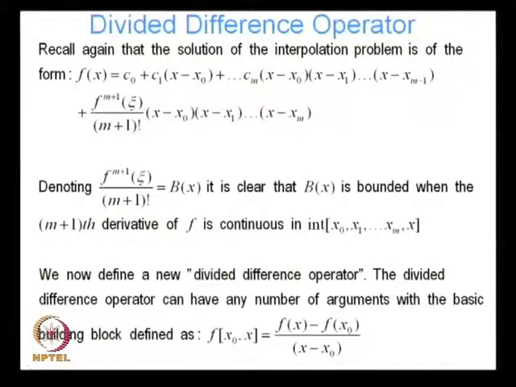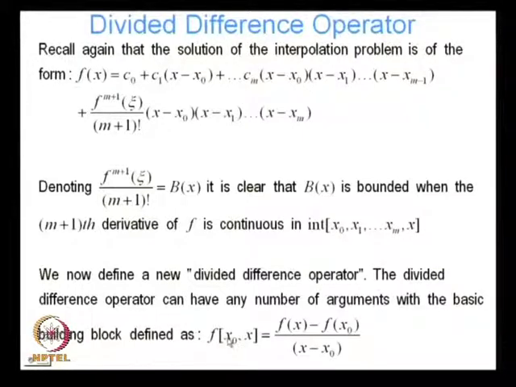We now define a new divided difference operator. Now the divided difference operator can have any number of arguments, but the simplest form of the divided difference operator is denoted like this.